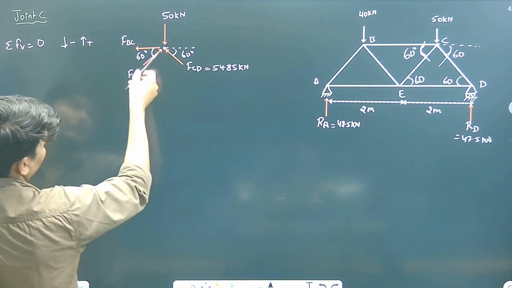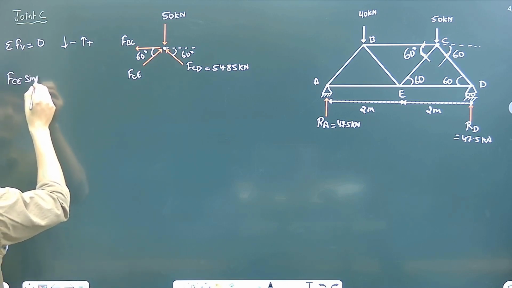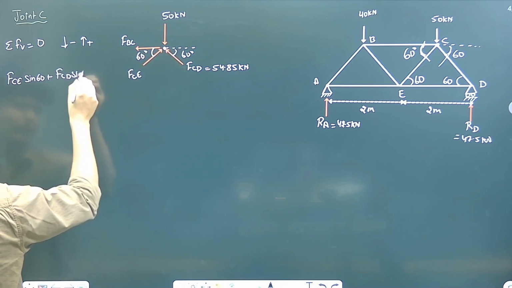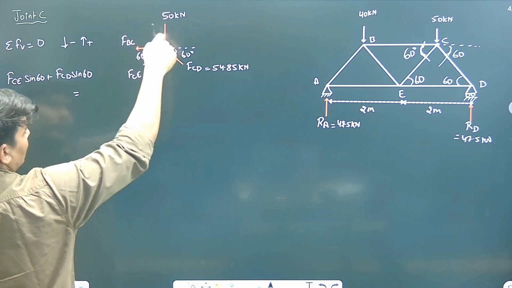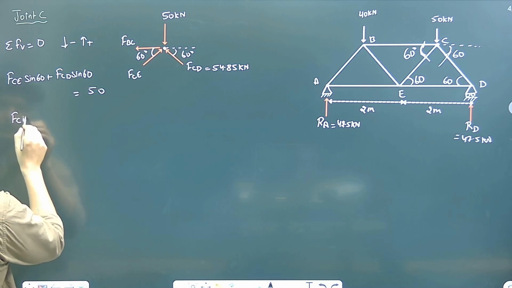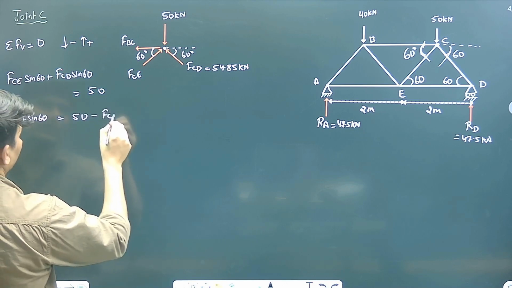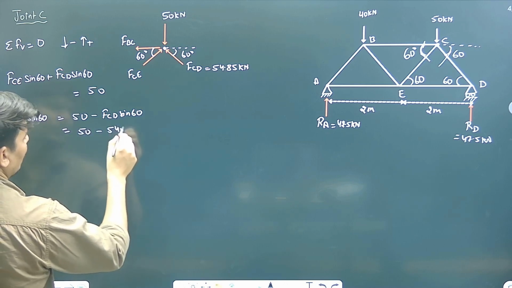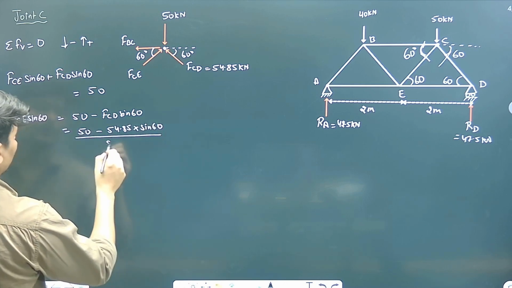The component of this FCE. So I will write FCE sin 60 plus the component of FCD, sin 60, will be equal to the downward force, that is 50. I know FCD already. So FCE sin 60 is equal to 50 minus 54.85 into sin 60.